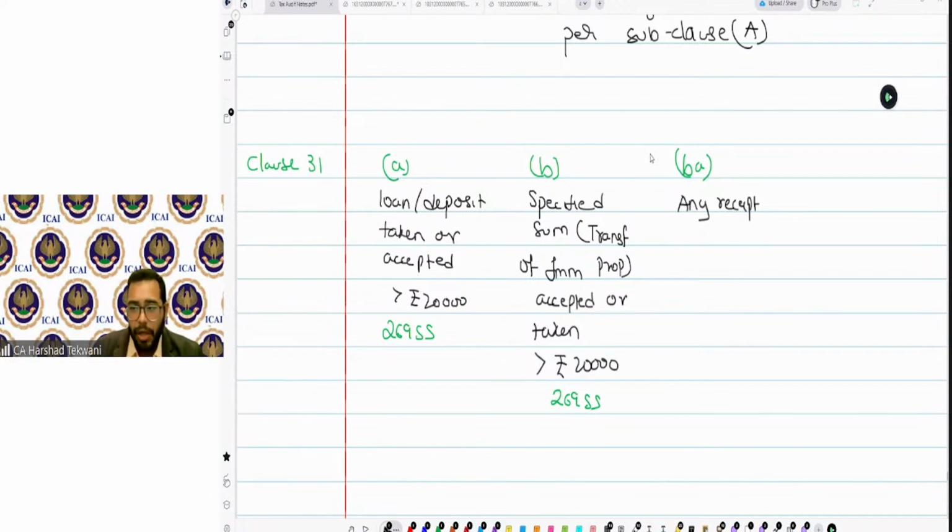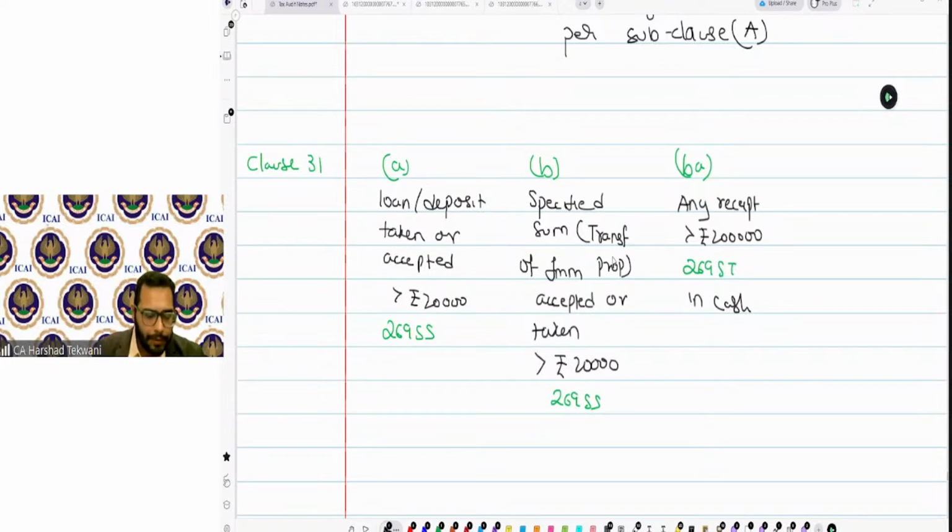So the limit is 2 lakh or more, which is in 269ST, in a day, or in respect of a single transaction, or in respect of transactions relating to one event or occasion during the previous year, where such receipt is otherwise than by a cheque, bank draft, or electronic clearing system through a bank. I usually call it cash. So in cash, that is BA. So the limit is coming from 269ST.